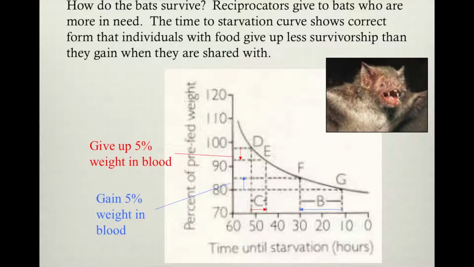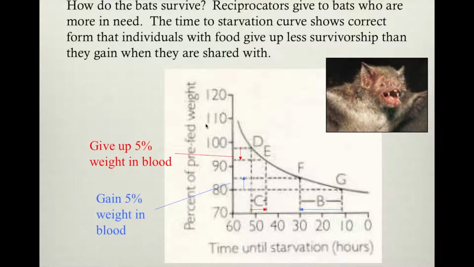Therefore, by giving up 5% of their weight in blood, going from about 97% of pre-fed weight to 92% of pre-fed weight, they are not even losing 10 hours of time until starvation.